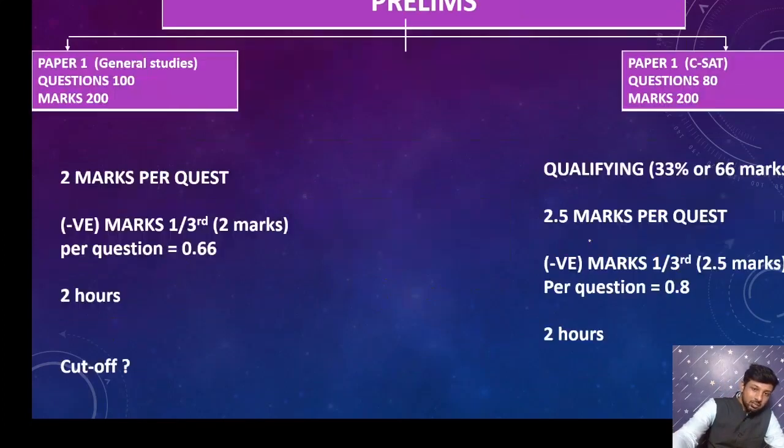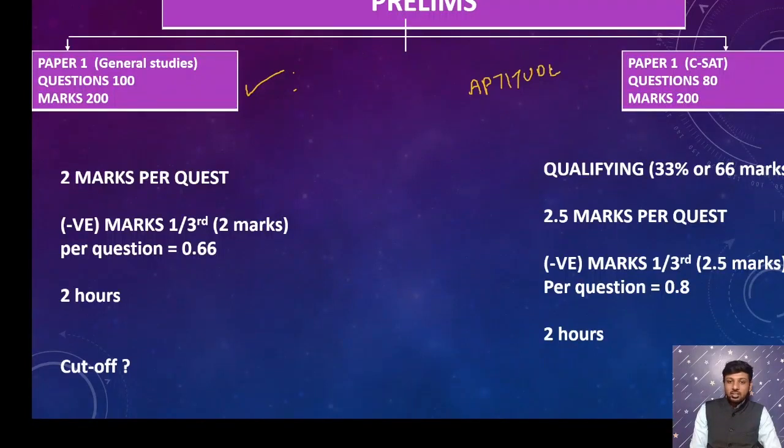Coming to the prelims exam. How is the prelims exam conducted? As you know, the prelims exam is objective. It consists of 2 parts: paper 1 General Studies, and an aptitude examination. 2 tests are conducted in the prelims. One is General Studies and another is aptitude.